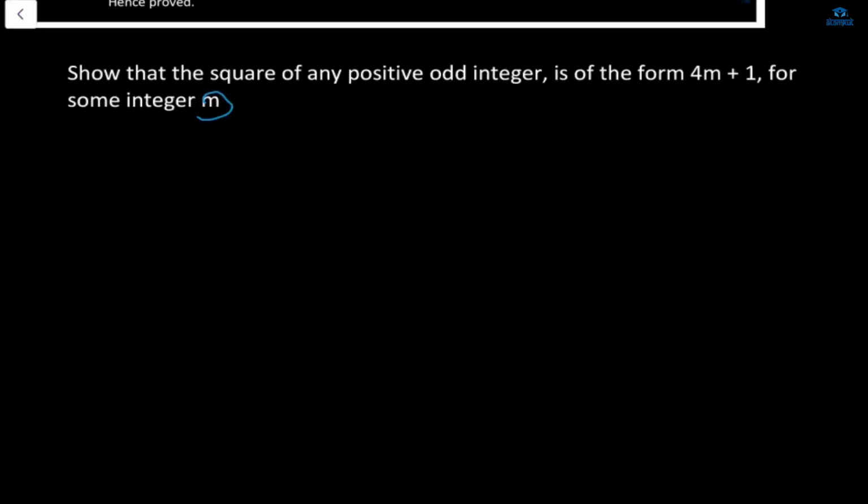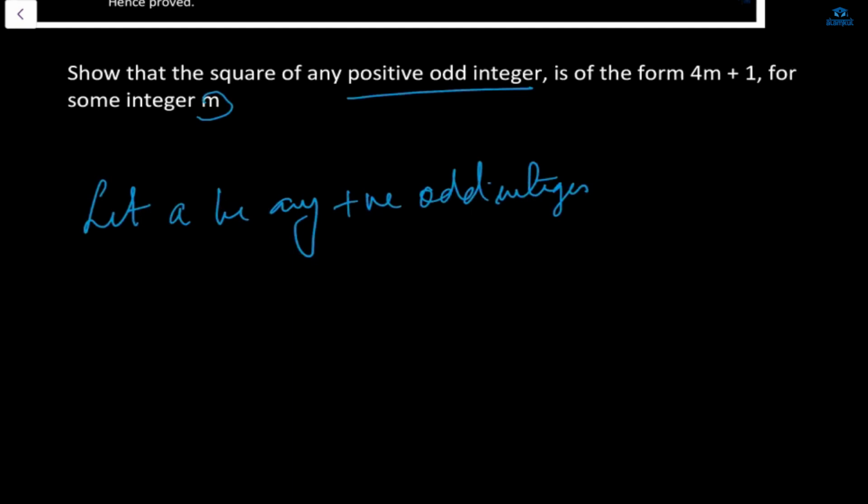Now, again, we will be taking two numbers, let A and B be any odd integer. Now, you take A as a positive odd integer, because it's mentioned here, let A be any positive odd integer. Now, dividing A by B, what will we get?